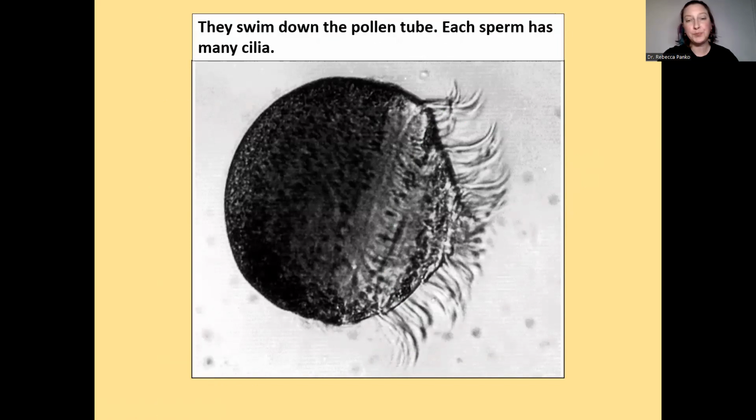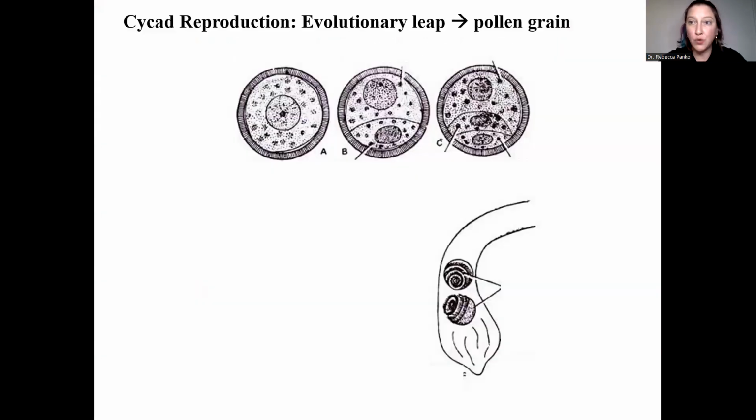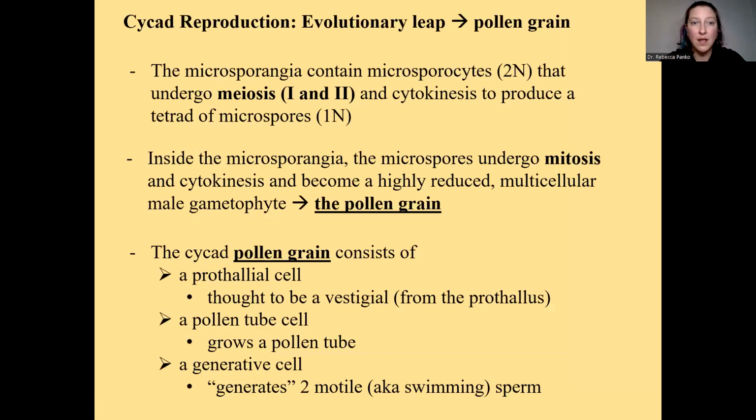All right. So let's go through this real quick to look at how we get from a microspore to a pollen grain. This is the microspore that would have resulted from meiosis, right? Remember, inside of the microsporangia there are diploid cells. They're going to undergo meiosis and make microspores.